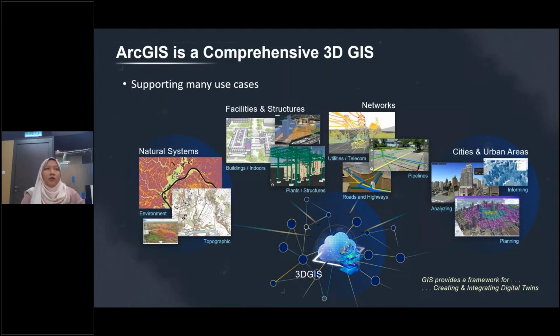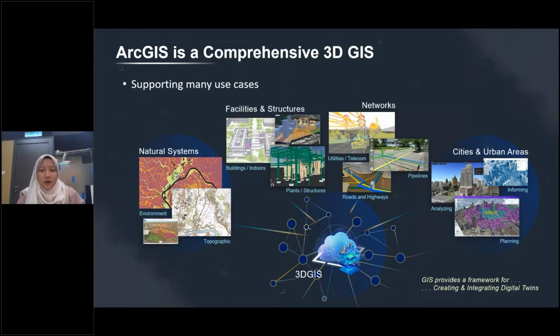Of course, the capability is the same as 2D, where you can edit your data, manage, visualize your data, and create a lot of analysis, either basic ones or comprehensive analysis for your 3D data. You can even publish your data and share it not only inside your organization, but towards the public as well. So all of our platform supports this 3D capability.